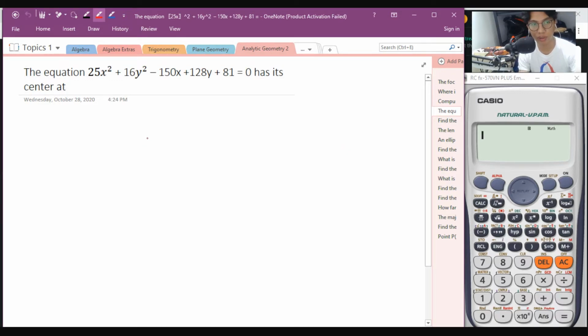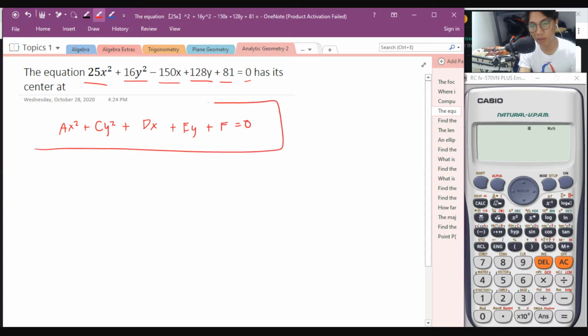The equation 25x squared plus 16y squared minus 150x plus 128y plus 81 equal to 0 has its center at. Pero alam mo ba kung anong figure yan? Oh, ito, kaiba to. Ax squared plus Cy squared minus dx or plus dx plus ey plus f equal to 0.